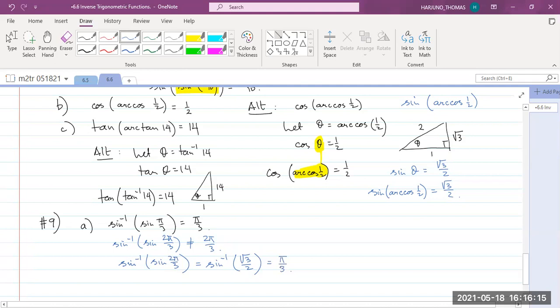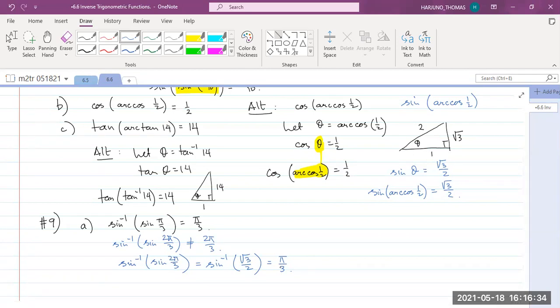That's the one I need you to be careful about. Even though sine inverse and sine cancel each other, there is some restriction in the domain that you need to be aware of.